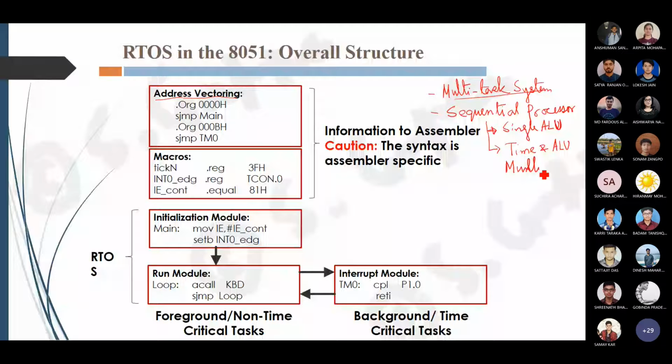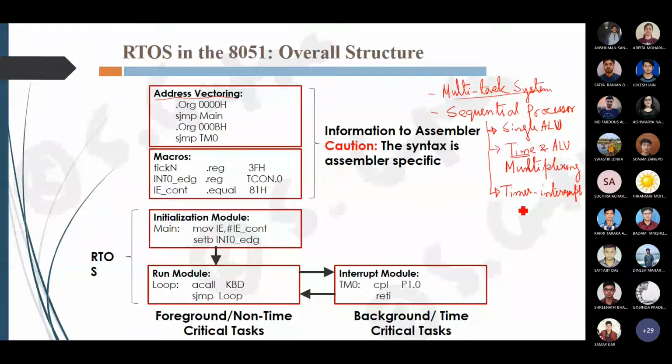And this time multiplexing we can do using the timer interrupts. We have already seen how to generate the time slots for different operations. So we'll be recapitulating that in these slides.